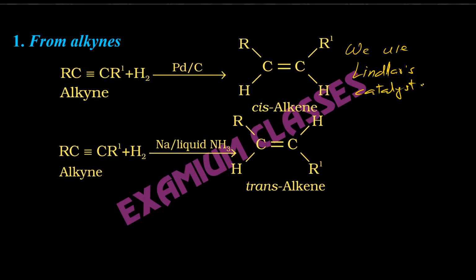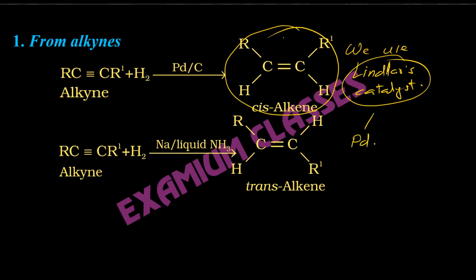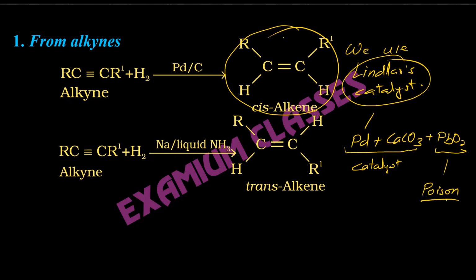Poisoned means it stops further reduction. That's why we call it poison. We use palladium as catalyst with calcium carbonate, so this part acts as the catalyst. Then we can use lead oxide, PbO2, which acts as the poison. If you are preparing for NEET and IIT, you must be aware of it.